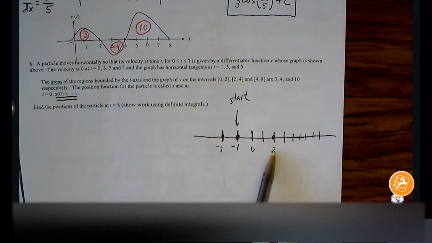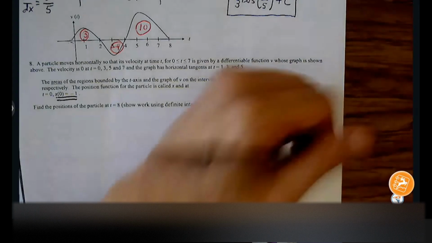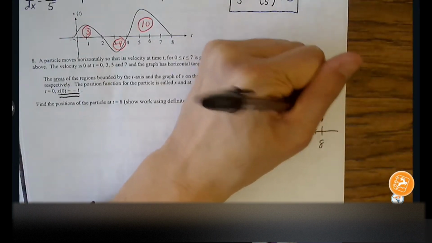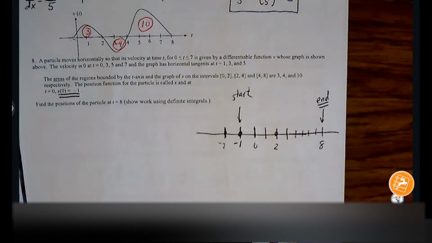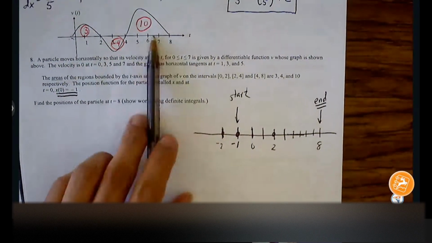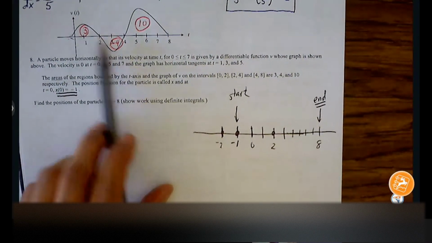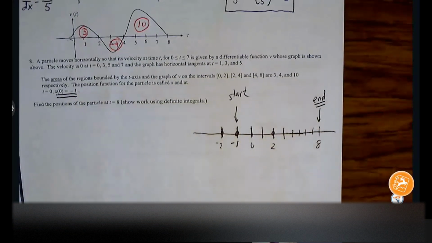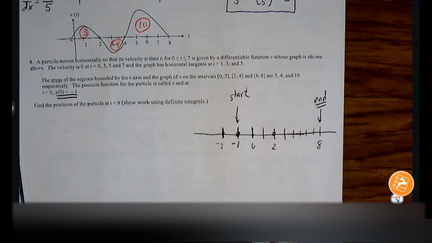So he went 3 units forwards, 4 units back, 10 units to the right, which is 8. All right, so this makes sense, right? We're told how far left and how far right to move, and we're also given where we're starting. So we know our answer is going to be 8. Does that make sense so far?